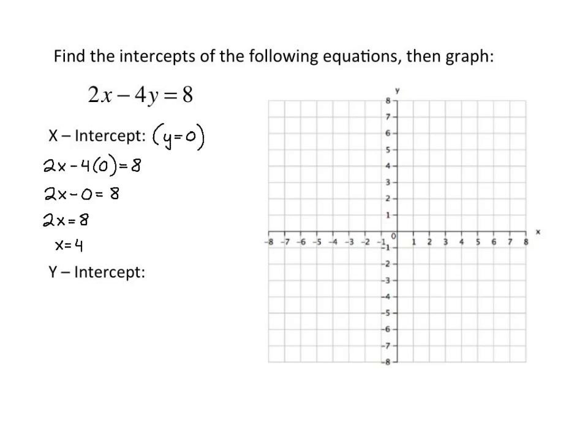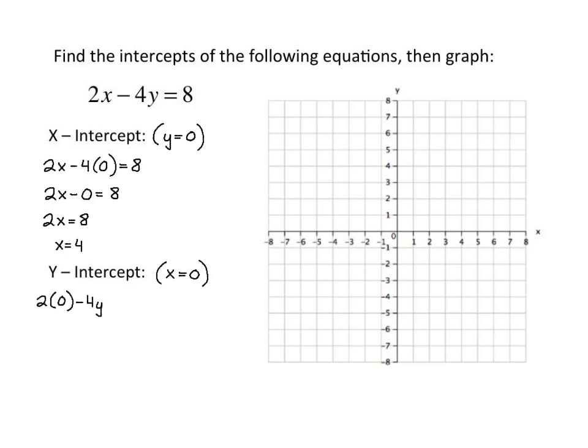So now I just need to find the y-intercept, and remember, our y-intercept occurs where x equals 0, because anywhere on top of the y-axis, I have not moved left or right, and our x value is equal to 0. So I can simply plug in our x value equal to 0. So this time it's 2 times 0 minus 4y.